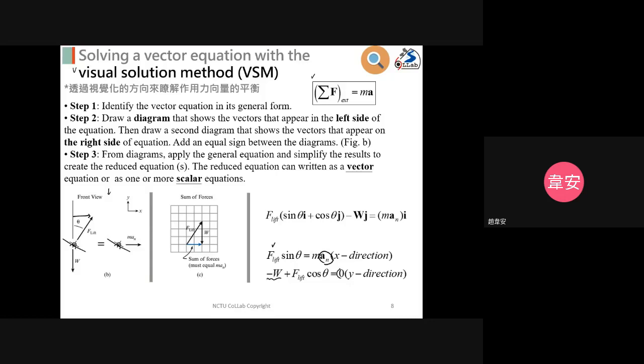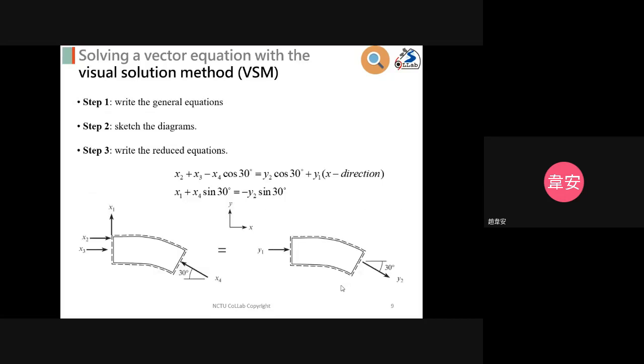So in total we don't have any external force; the sum of the forces along the y direction is equal to 0. This is a similar idea. When we meet problems, we just follow the visual solution method with 3 steps: first the general formula, then sketch the diagram, and finally write the force balance equations.